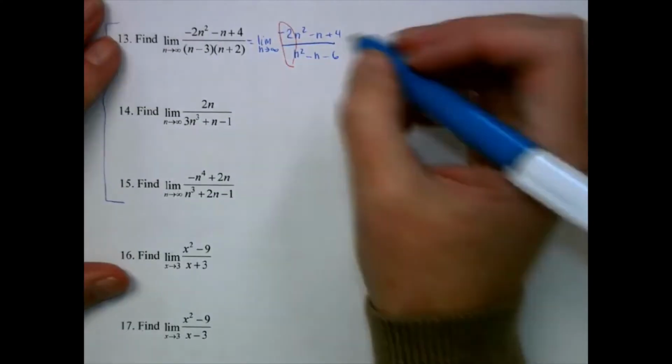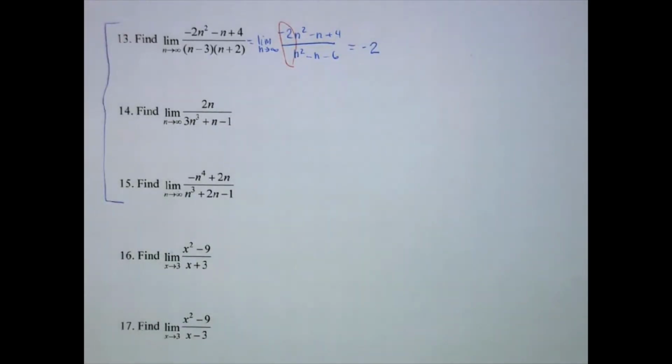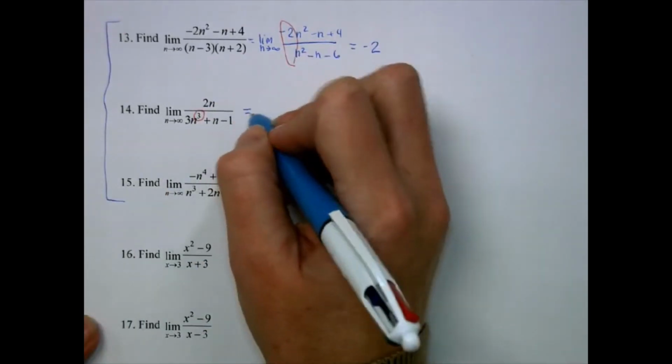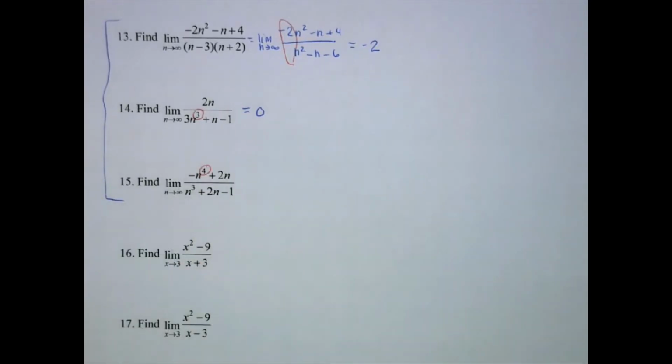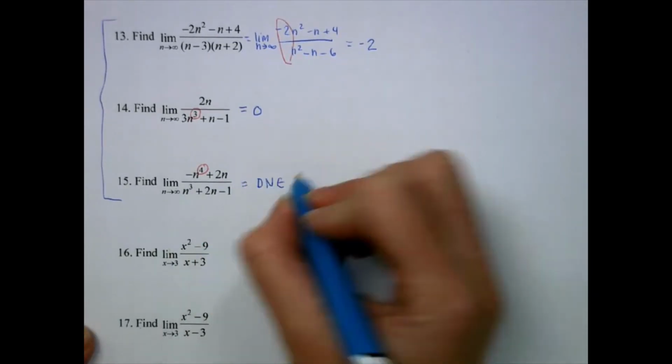Okay, here my degree is bigger on the bottom, so this limit is 0. That denominator is going to grow much quicker. Here my degree is bigger on the top, which means it's going to go to infinity or does not exist. Either of those are acceptable. Again, you just have to match the correct answer.